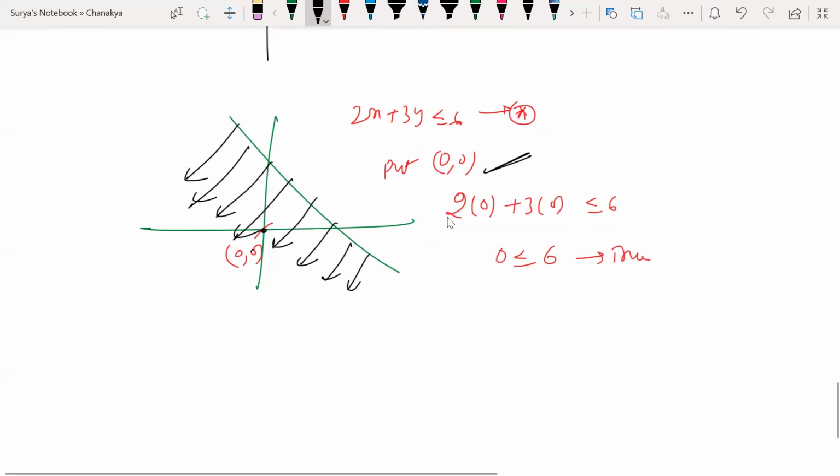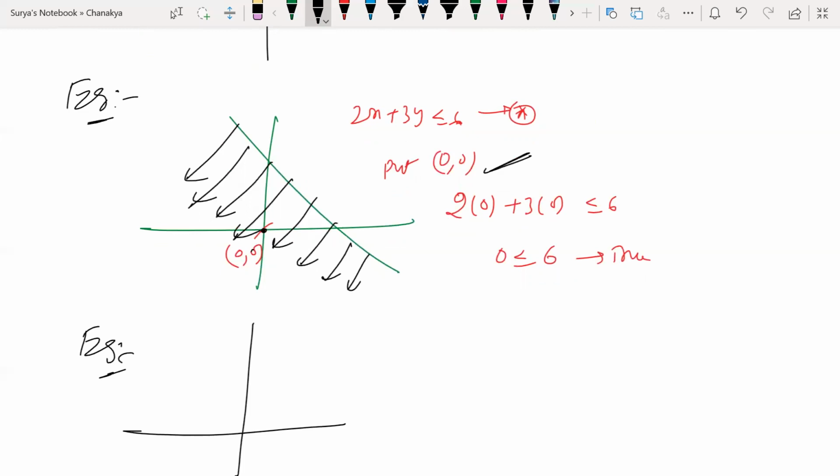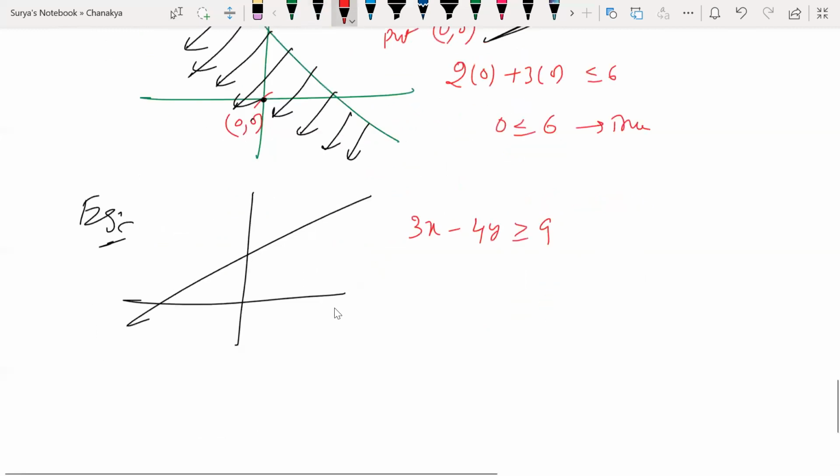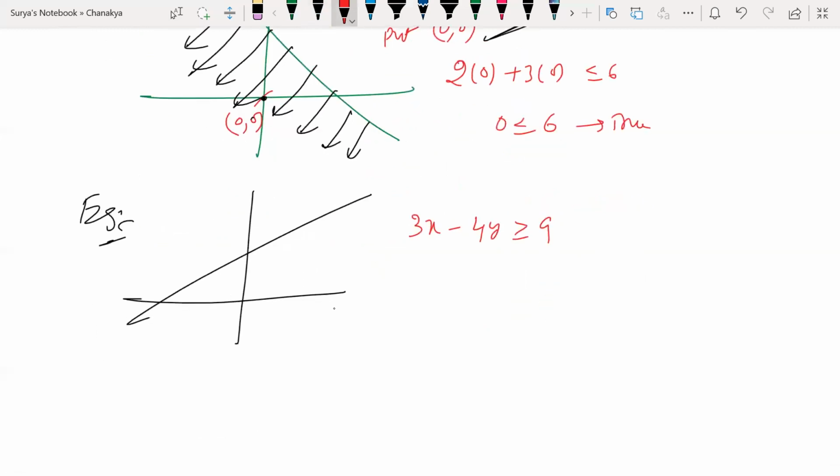Okay, below. These are examples I'm telling you. One more example, let's take, you have a graph like this, somewhere like this. Let's say this line is any graph you have, 3x minus 4y greater than 9, something you have. Guys, I'm drawing a rough diagram. Let's say the point 3, 0.